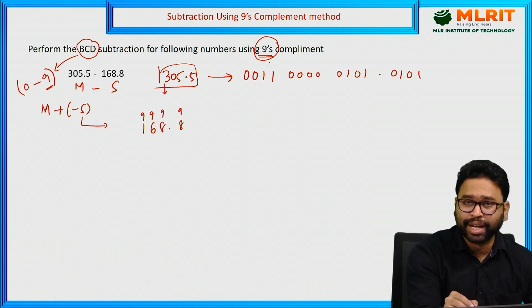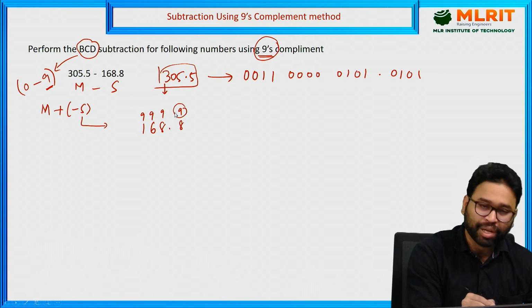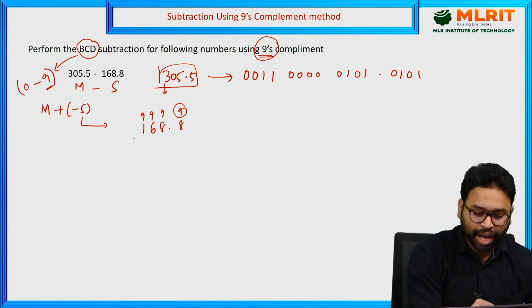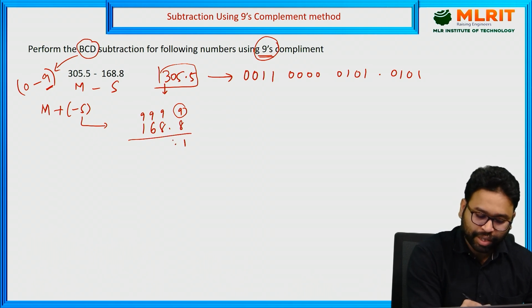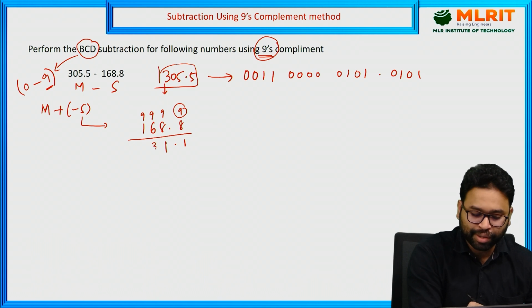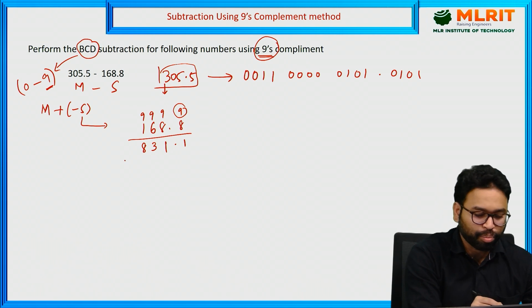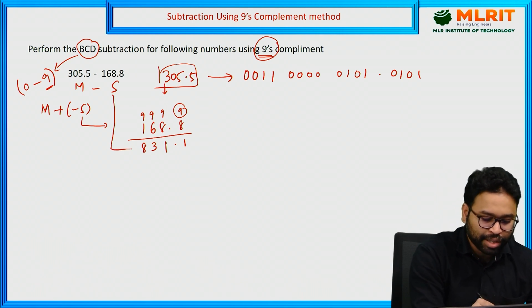To get the 9's complement, each given digit is subtracted from the highest possible value. So 9 minus 8 is 1, and again 9 minus 8 is 1, 9 minus 6 is 3, and 9 minus 1 is 8, giving 831.1. This is the 9's complement for the given subtrahend.